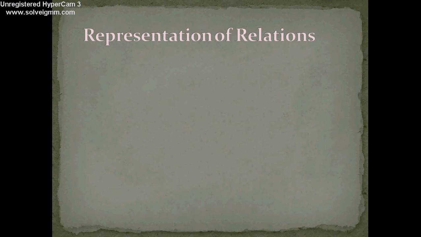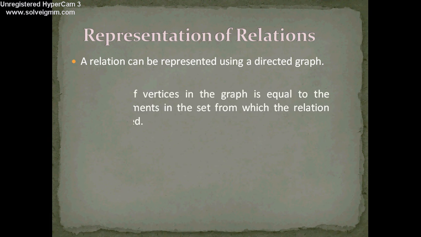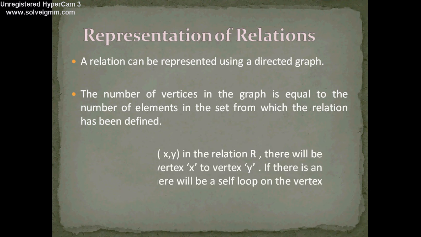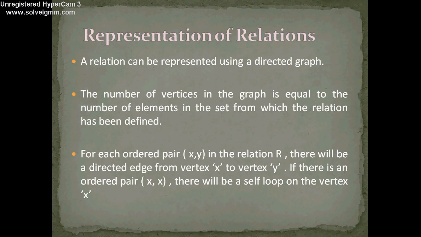Now let us see how relations can be represented. A relation can be represented using a directed graph. The number of vertices in the graph is equal to the number of elements in the set on which the relation has been defined.